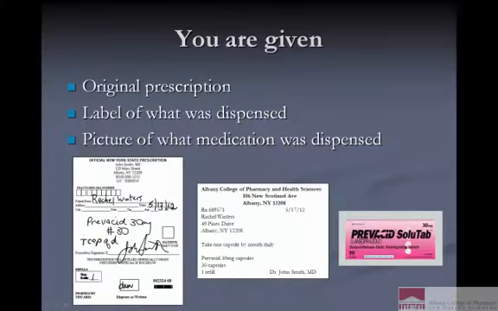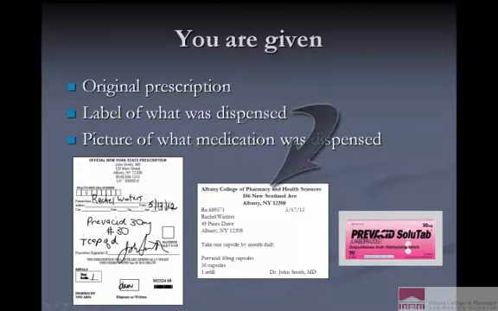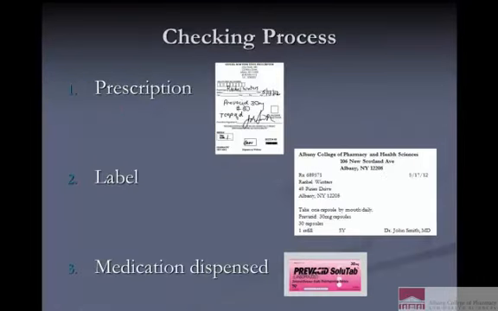On the errors and omissions portion of the exam, you are given a picture of a prescription, a label of how that prescription was filled, and a picture of what medication was dispensed. You should proceed through the process of looking at the prescription first and verify that everything is correct and that there are no omissions.